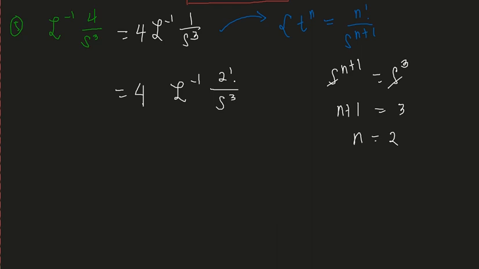So, para ma-compensate, ma-divide na lang ko diretso 2 factorial sa dalong. So, we will have, so this will be equal to 4 all over 2. Then this one will be t raised to n, wherein n natin is equal to 2. So we have squared. So this is equal to 2t squared. This now will be aton nga final answer.